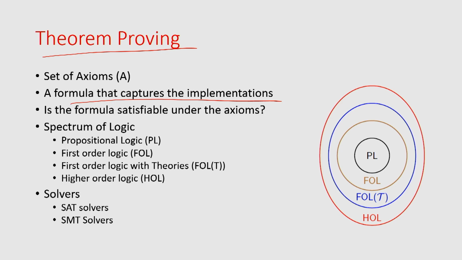And you may also have certain axioms or rules saying that in this system these things should be true. Effectively, the theorem prover just checks whether the formula, or your implementation, satisfies them. Just to illustrate, the theorem prover does not know what your implementation is and all, right?